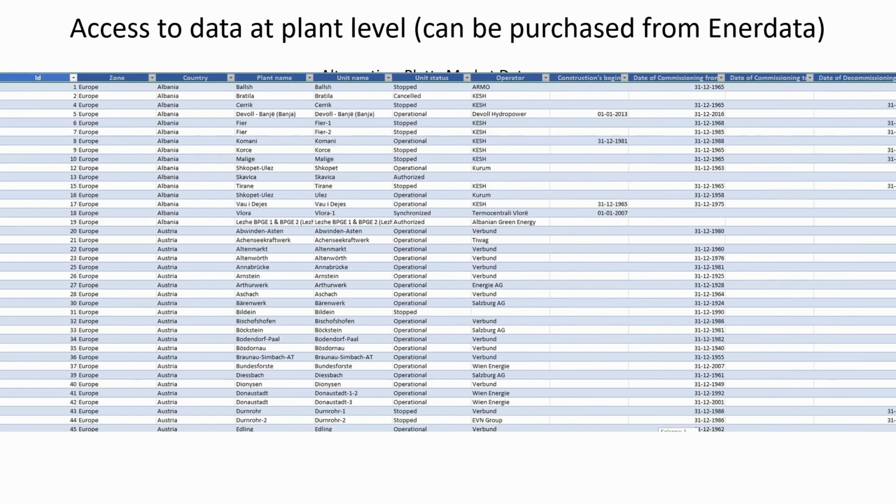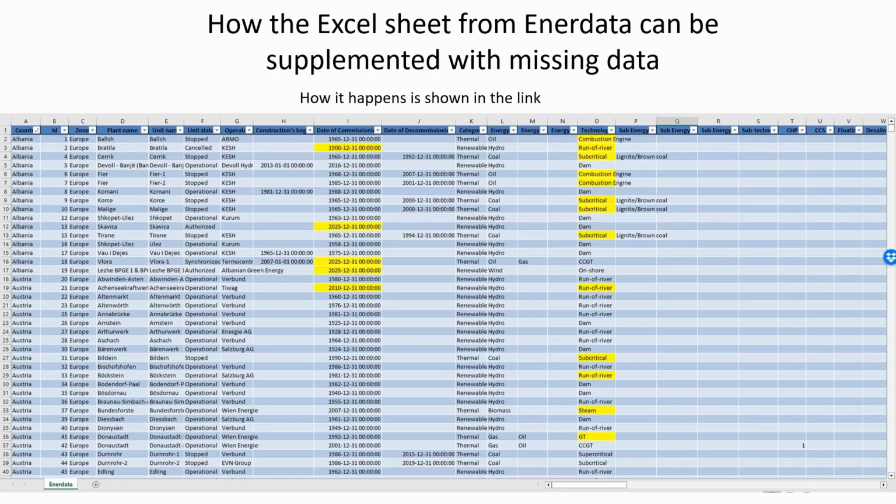If you want to make power market analysis that are much more detailed, then you need to buy this kind of databases. You can also buy it from, for instance, Platts. Not all the cells in the spreadsheet that we have bought from Enerdata are filled out.